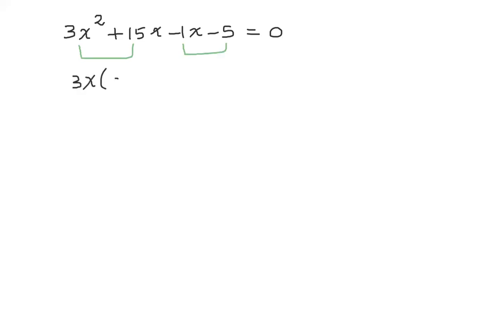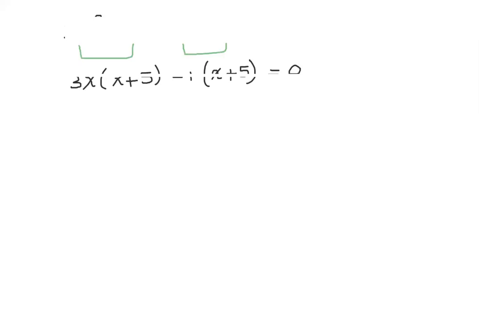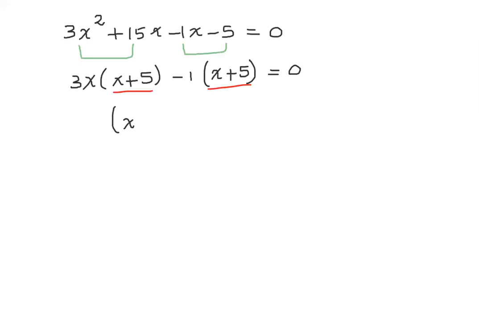In the second group, -1 is common, giving -1 times x plus 5. Now x plus 5 is common, so we take the x plus 5, and the leftover is 3x minus 1.